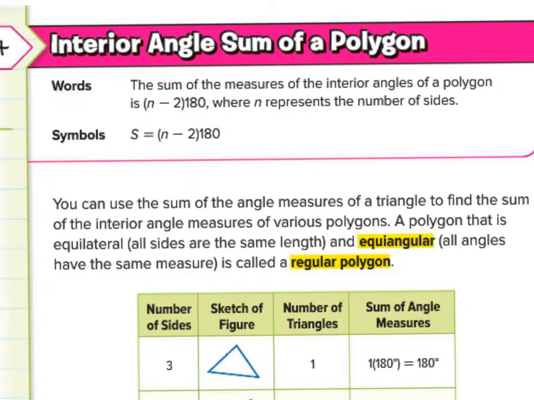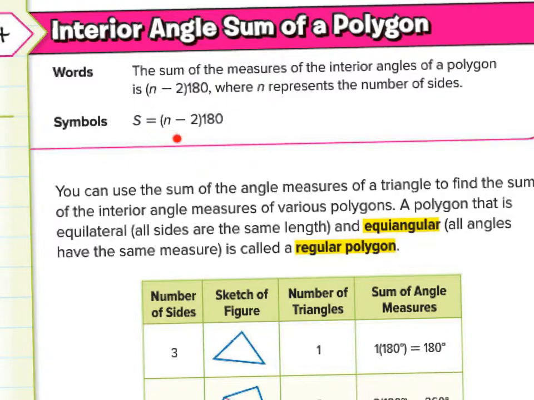So the sum of the measures of the interior angles of a polygon is n minus 2 times 180, where n represents the number of sides. In symbols, we say the sum of all angles equals (n minus 2) times 180.